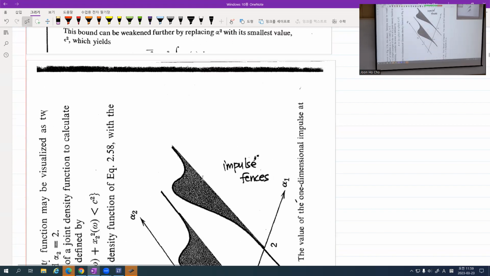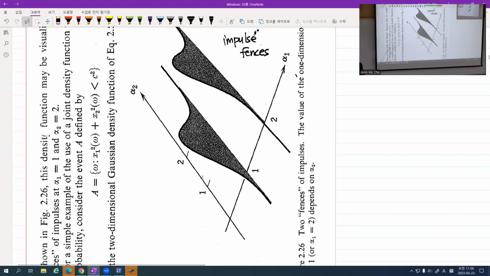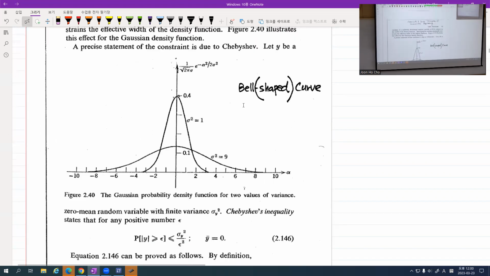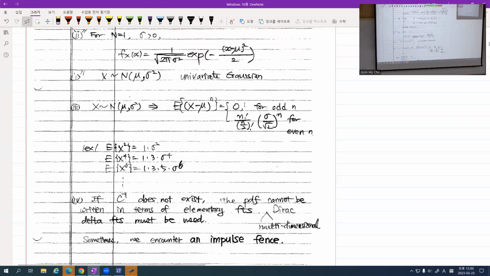Yeah, something like that. In 2 dimensions, right? Let's say this is x1 and this is x2. The density function is an impulse fence. It seems that this has finite height, but actually it does not. So we may have an impulse fence if the covariance matrix is not invertible.